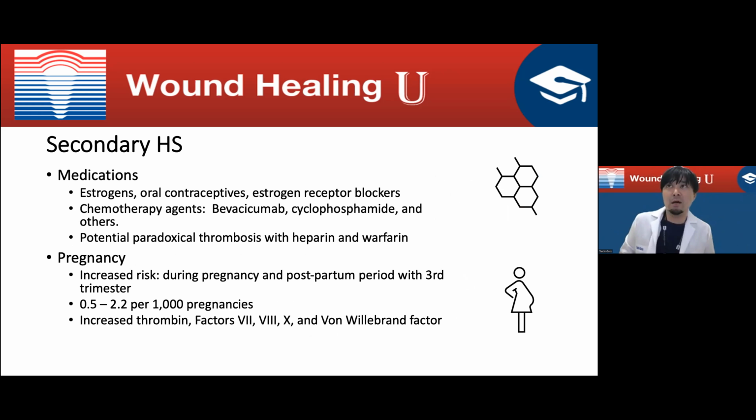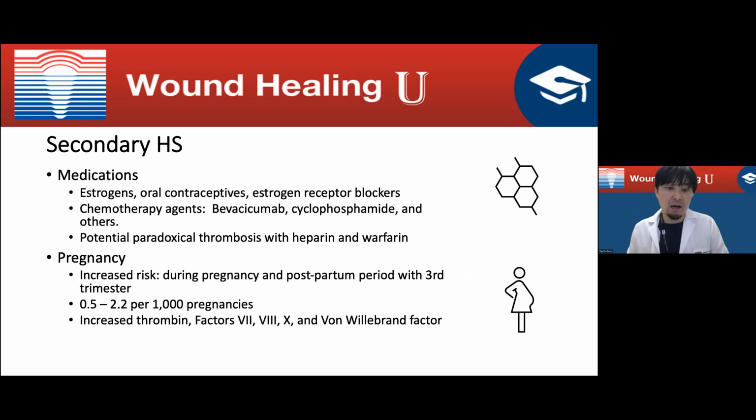In addition, some specific medications are also a risk factor, including sex hormone-related medications such as estrogen or oral contraceptives. And also, some chemotherapy agents are risk factors. And notably, potential paradoxical thrombosis with heparin and warfarin is observed.